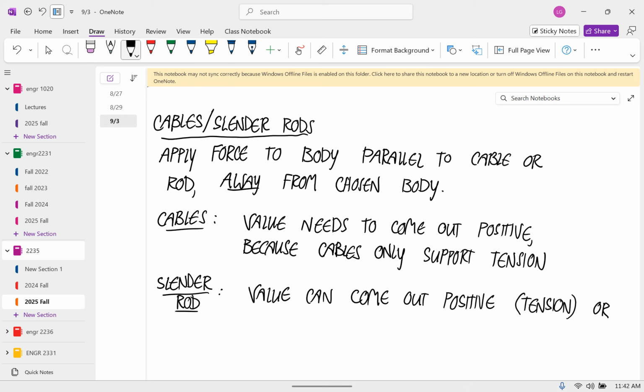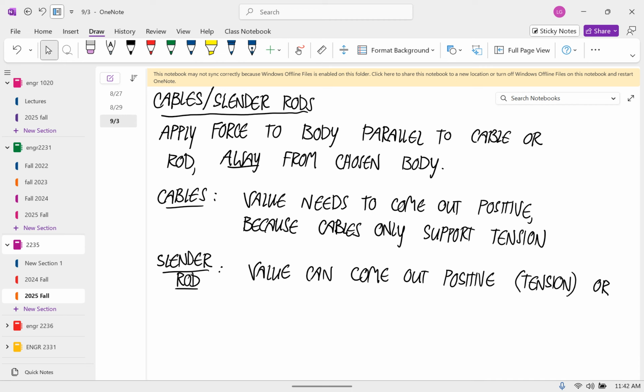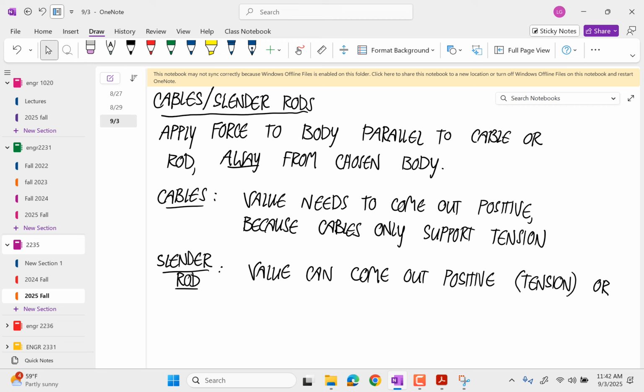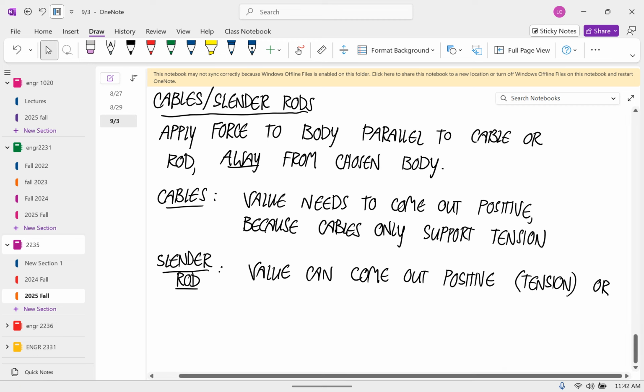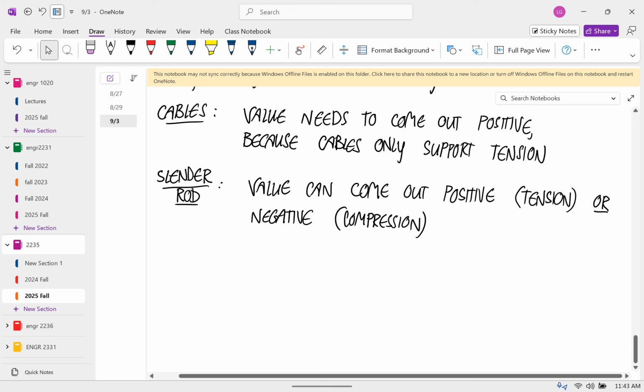Or a slender rod can also, you can push on things with a rod, and so it can come out negative if it's in compression.